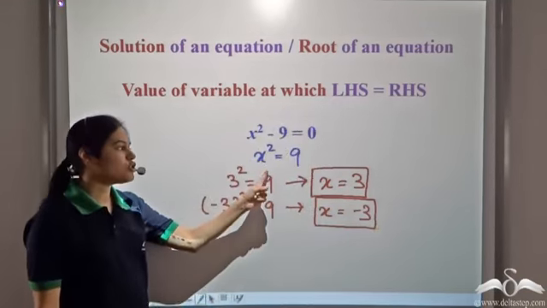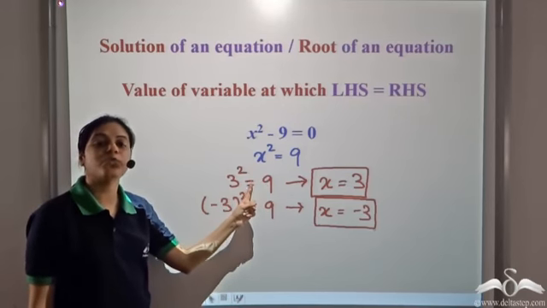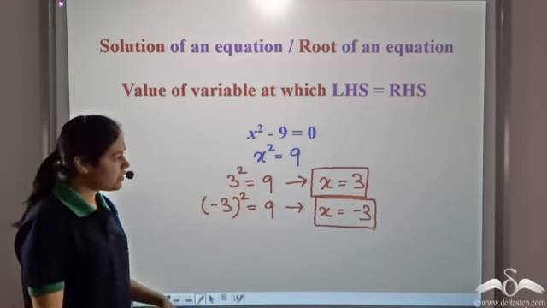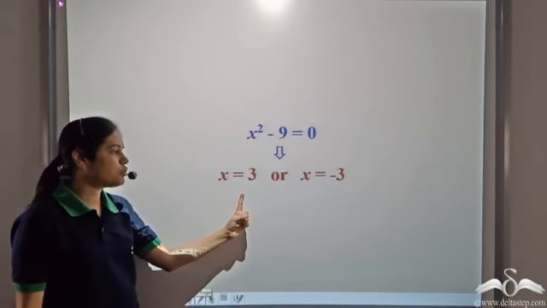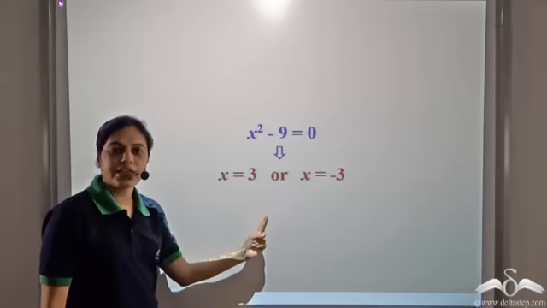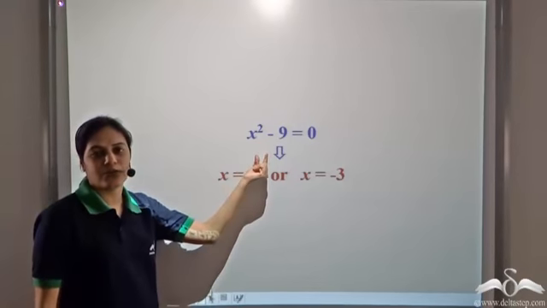These are the two solutions of this equation. So a quadratic equation can have more than one solution as well. So this equation has two solutions, x is equal to 3 and x is equal to negative 3. Both these values of x satisfy this equation.